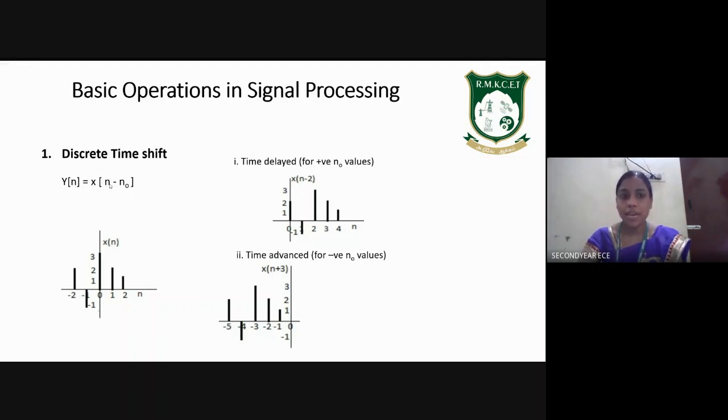So n minus 3 is n minus of minus 3, and it will shift to minus 3. You remember, n minus means shift. If it is 2, it will shift to 2. If it is minus 3, it will be shifted to minus 3. Are you getting my point?